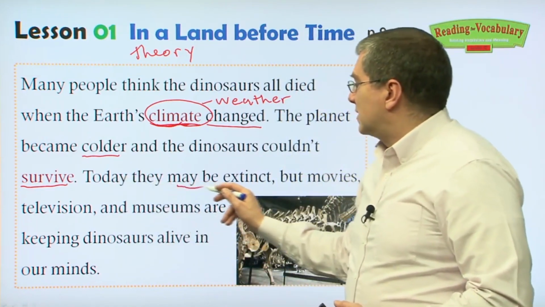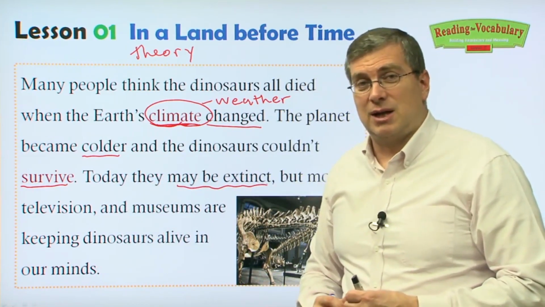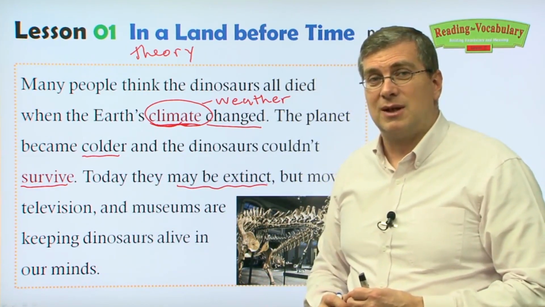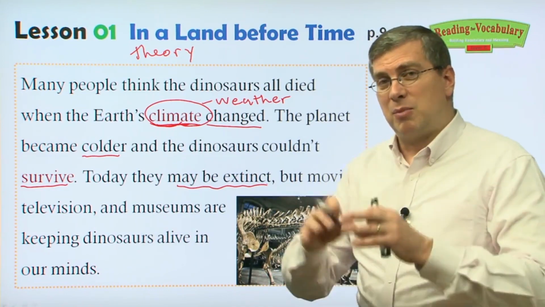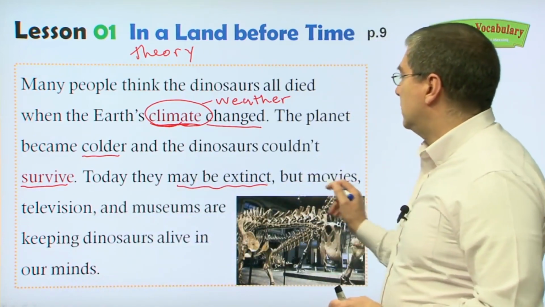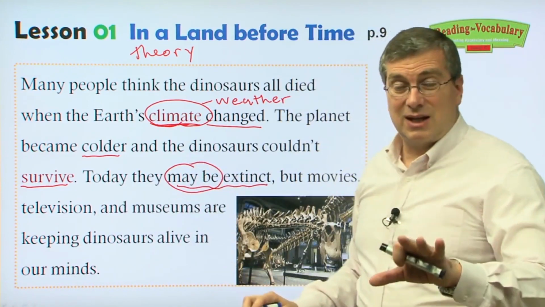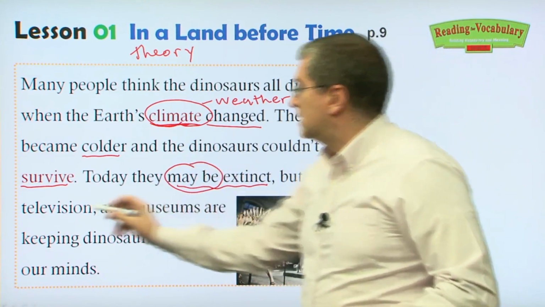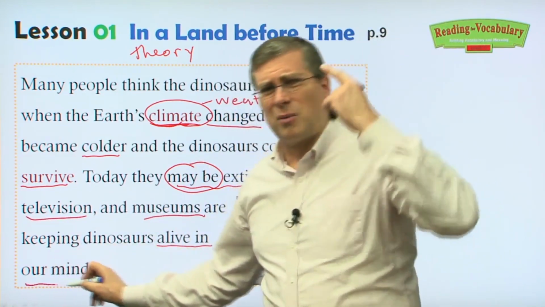Today they may be extinct, but that's interesting because we know that birds actually are descendants from dinosaurs. So there really are dinosaurs still on Earth. They're called birds. Birds are the ones that survived. But movies, okay, so this says today they may be extinct. Maybe they're extinct, right? But movies, television, and museums are keeping dinosaurs alive in our minds?